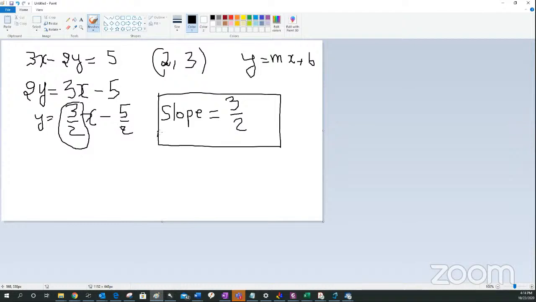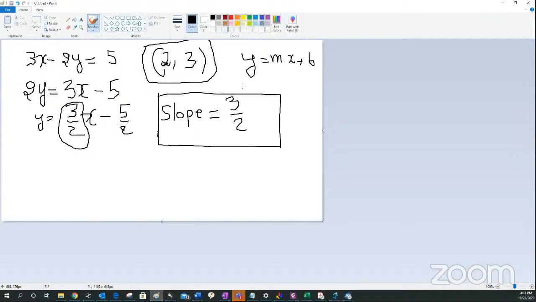So we can also check that. If you really want, we're going to write these equations. If you have an equation, this is your x, this is your y.